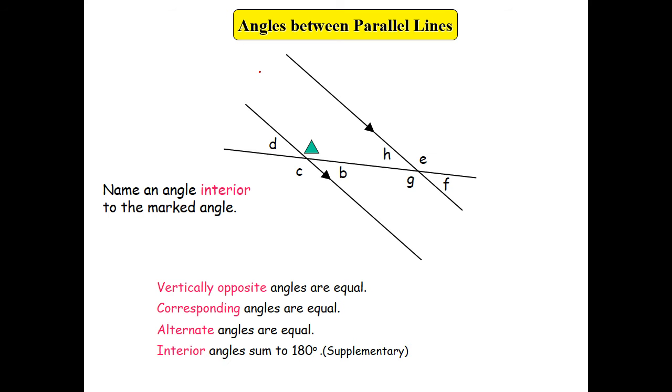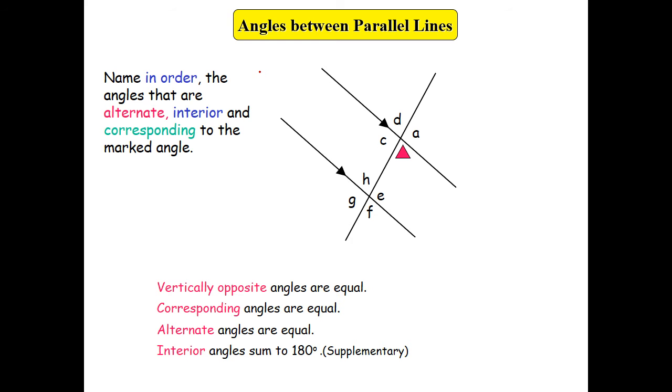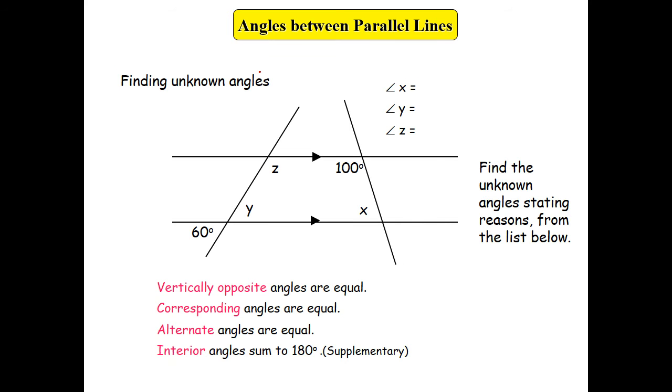Next. And angle H. Next. Angle G, angle F, and angle E. Right. Next. Angle H, angle E, and angle F. Right. Same order we have to follow. Next. Take your time. Try this question.